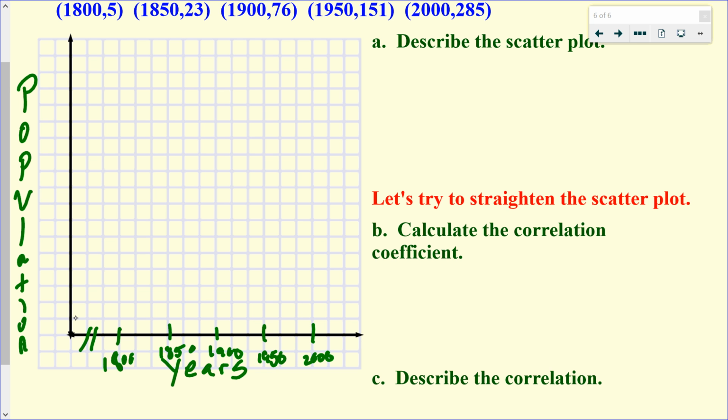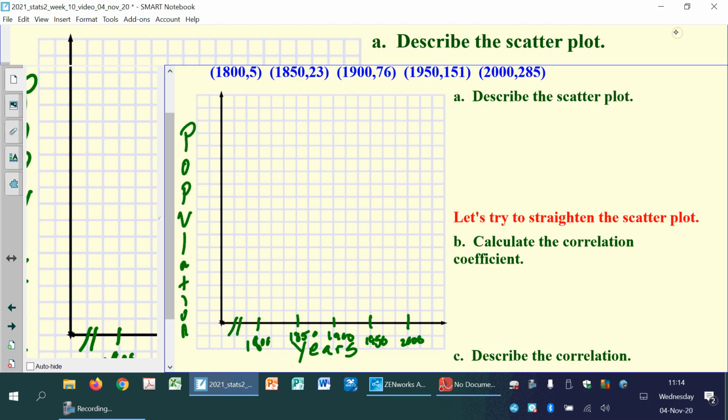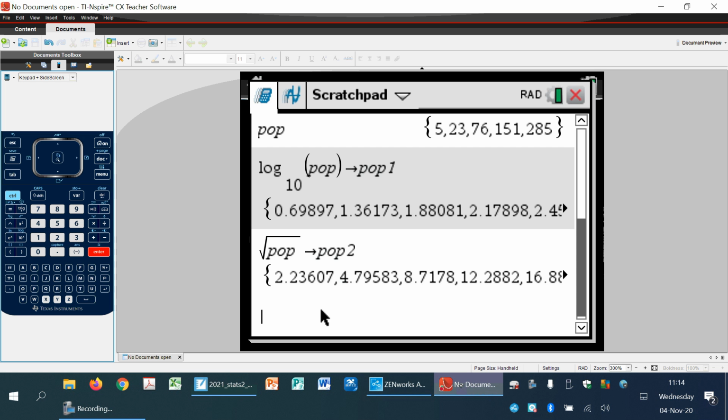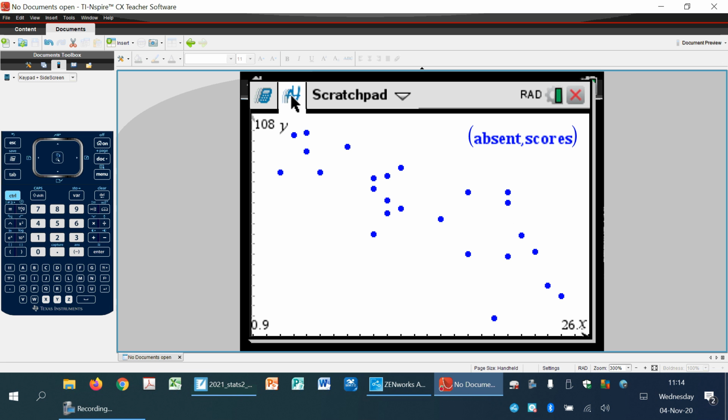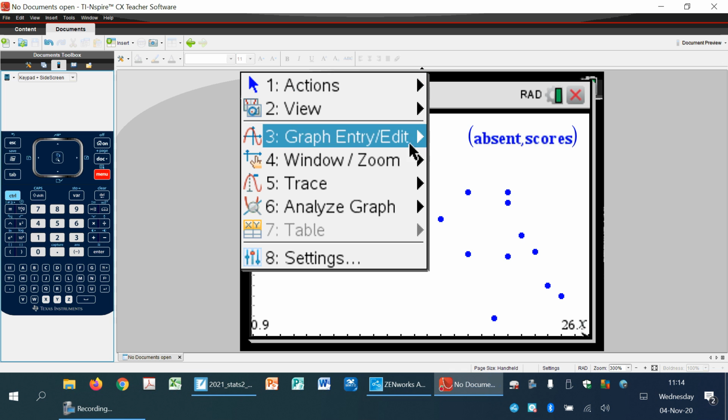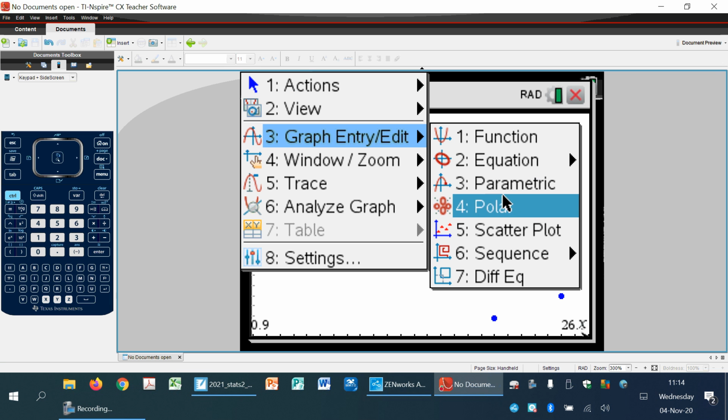So let's go ahead and look at our scatter plot. We're going to go back and use the calculator again. We are going into our menu because we have to switch ones. Again, you're going to put them in, go into graph. I stored my variables under year for the years and pop for the population.